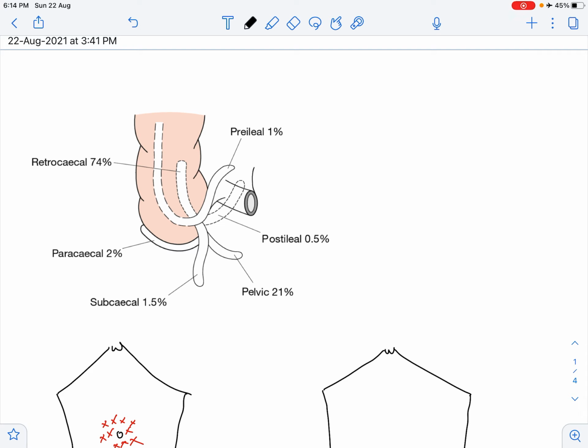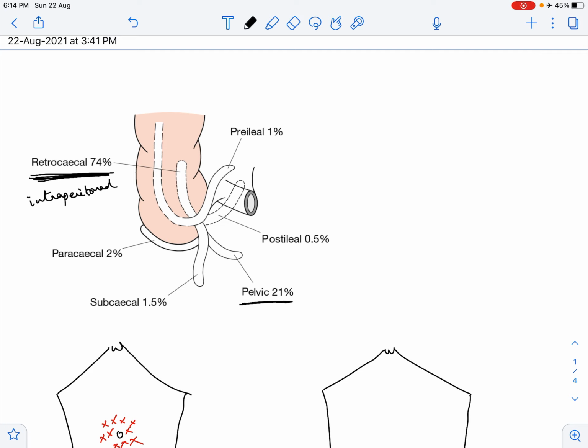The most common position of the appendix is retrocecal. This is 74%. It is retrocecal, but it is intraperitoneal. It is not retroperitoneal, it is intraperitoneal. The second most common position is the pelvic position.